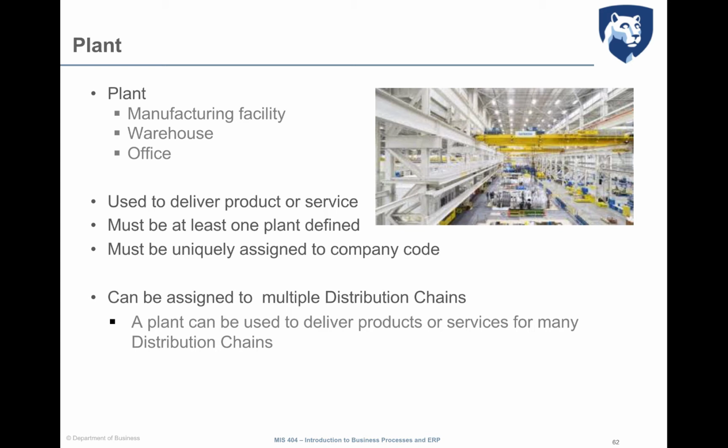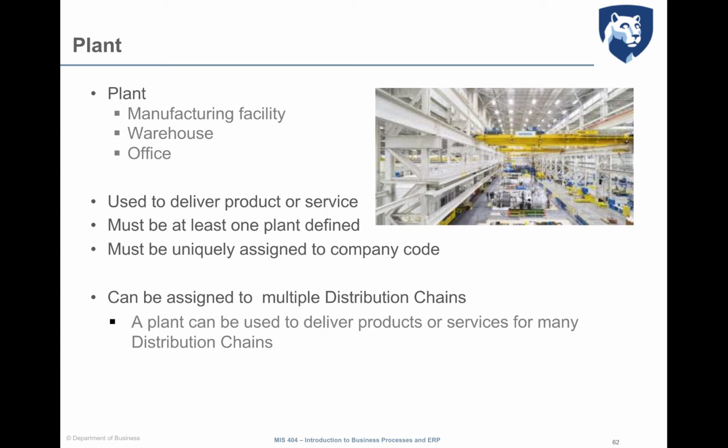Of course, a plant can be assigned to more than one distribution chain. So a combination of sales organization and distribution channel, and of course, a distribution chain can be associated with more than one plant.